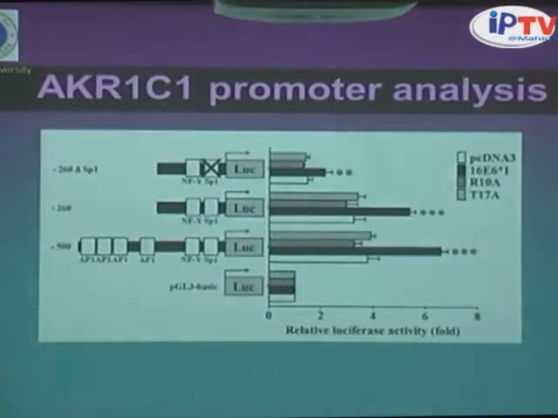Now we look for the activity of this HPV protein on the C1 promoter. We made a deletion construct, and you will see that from the 500 upstream region of the C1 promoter, the E6 star wild type protein can show about twofold upregulation activity over the control.